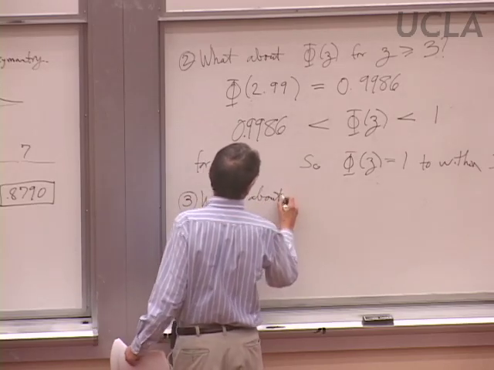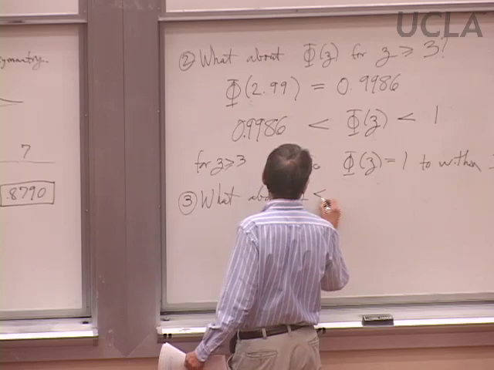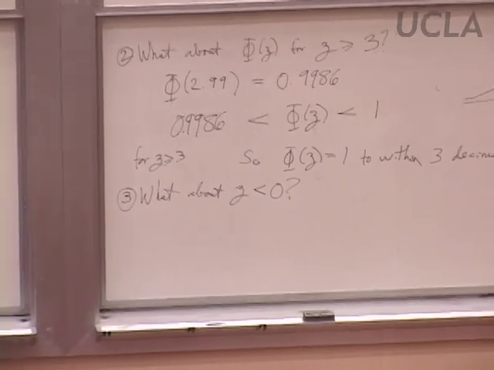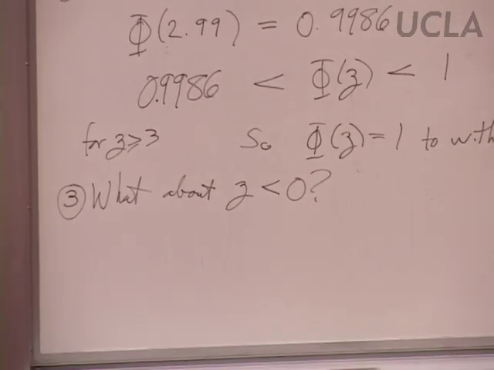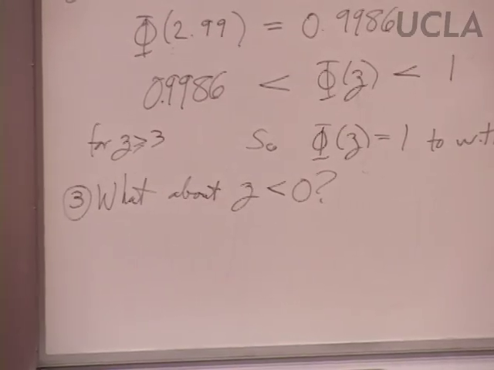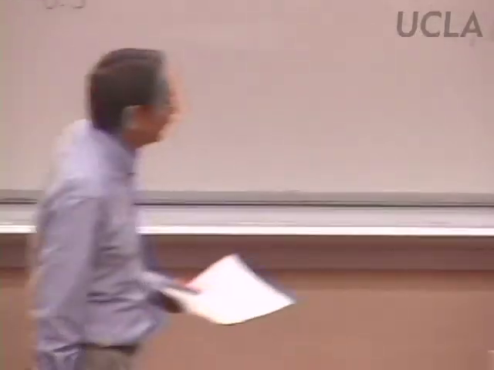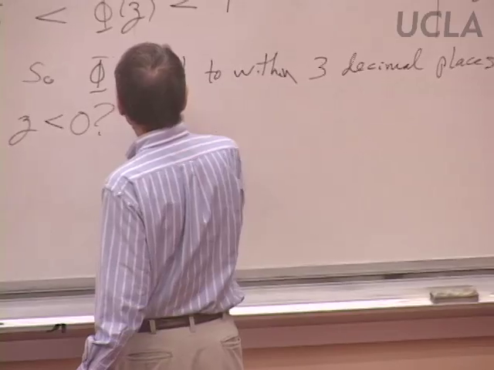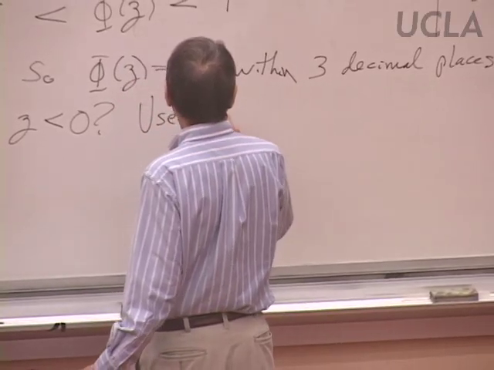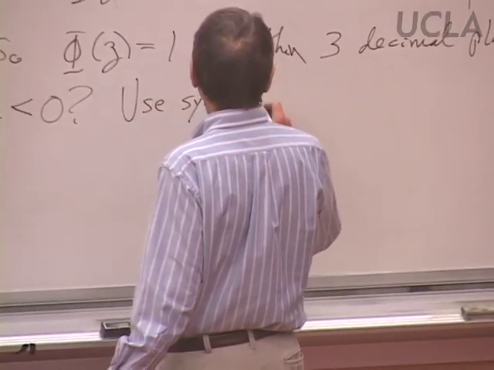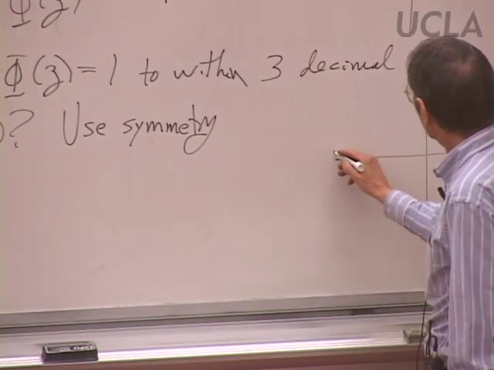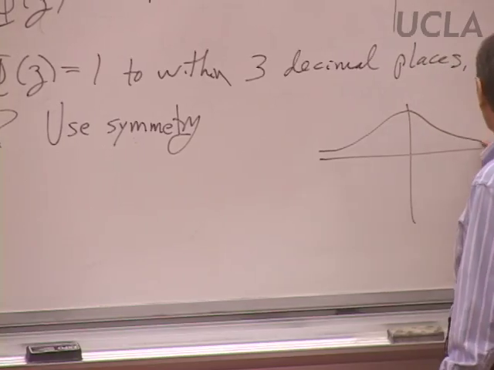What if z is negative? I said our table only applies to inputs 0 to 3. What about minus 2.5? Well, we use the symmetry. Before doing anything, we'll draw the picture.